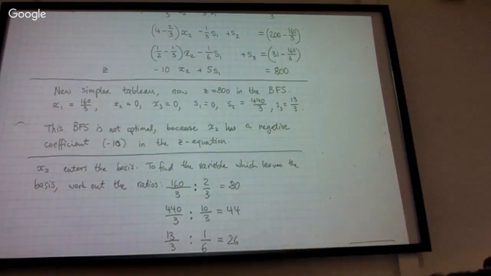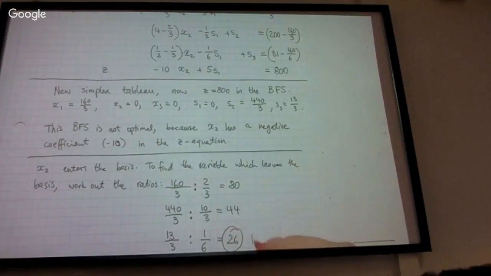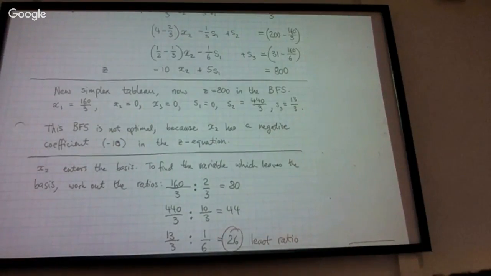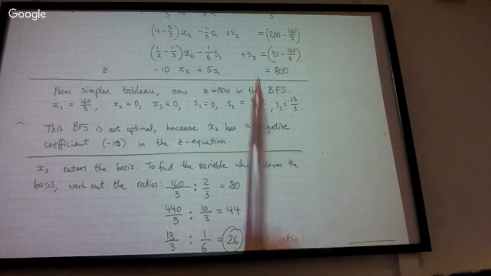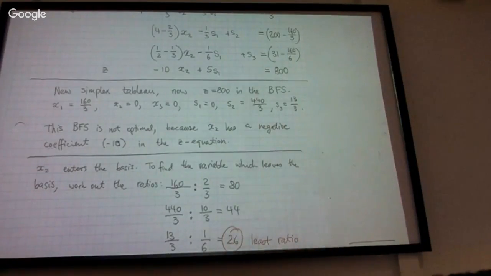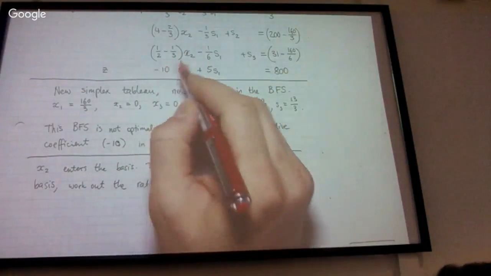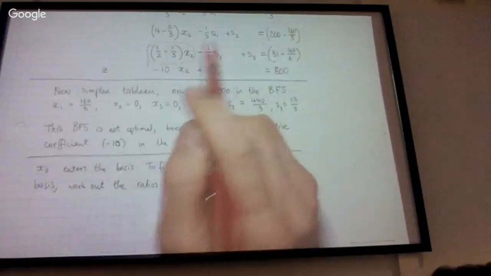Okay. So which one shall we pick? 26, because it's the least one. Which means that s3, because 26 comes from the s3 equation over here, so s3 is going to leave the basis, and this is where we do the pivot.